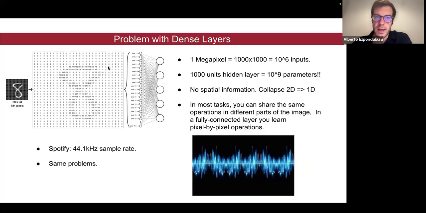Therefore, we don't have spatial information about pixels surrounding other pixels. And with a dense layer, we are learning one distinct function for every different pixel. It's a lot of effort because we want the same function to translate over the whole image.